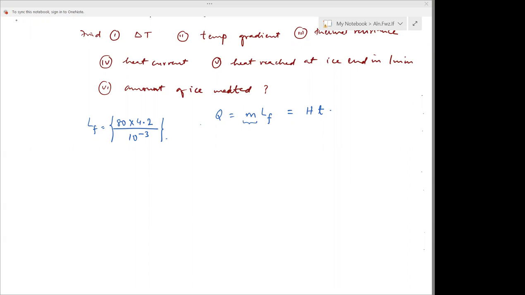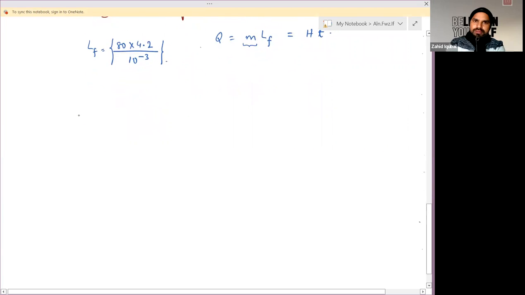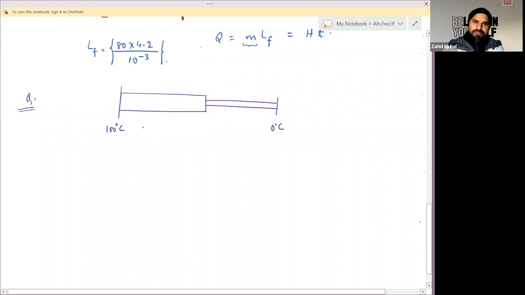Okay, sir. Next, you'll be asked to find the temperature of a junction. Suppose we have a rod, and another rod, this. This is connected to 100 degrees Celsius, and this is at 0 degrees Celsius.